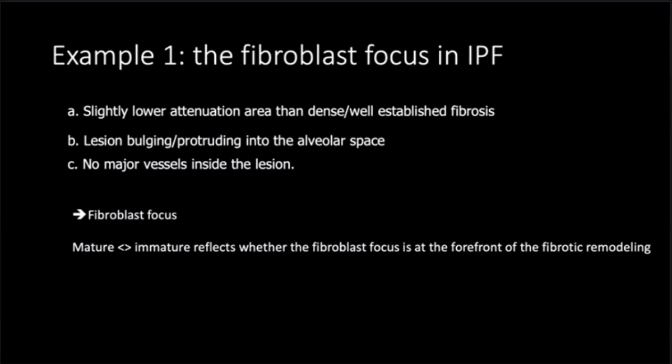And these are all things that you can see on the HiP-CT scan because you can see the vessels, you can see the attenuation difference. So we came up with the definition, and then we can quantify it in more detail. And depending on where the lesion is located, we can define it as mature or immature. When the lesion is inside the fibrotic area, it's called a mature fibrotic lesion. When it's not in a fibrotic area, it's called an immature lesion.